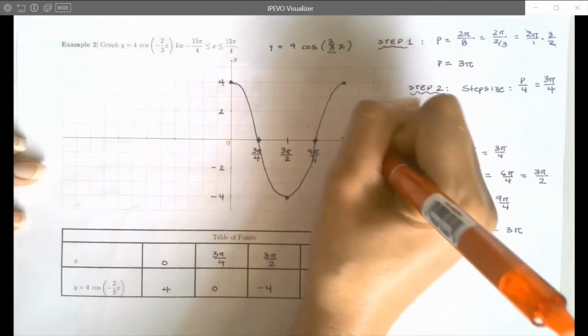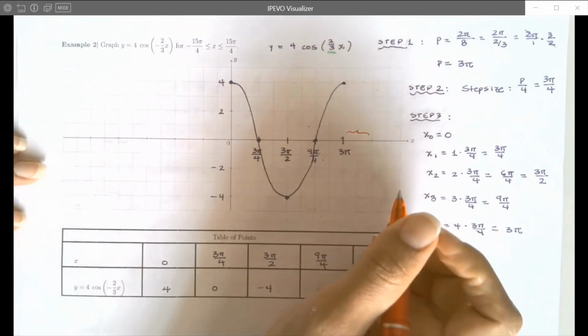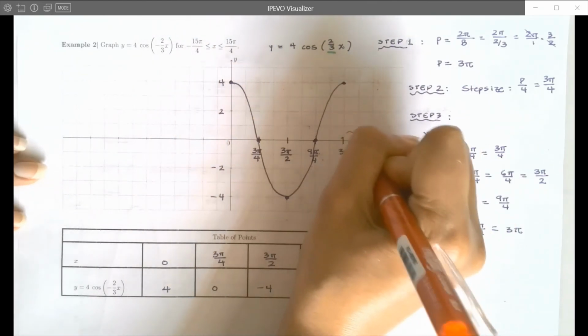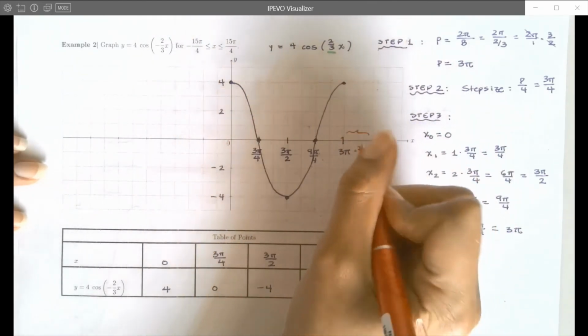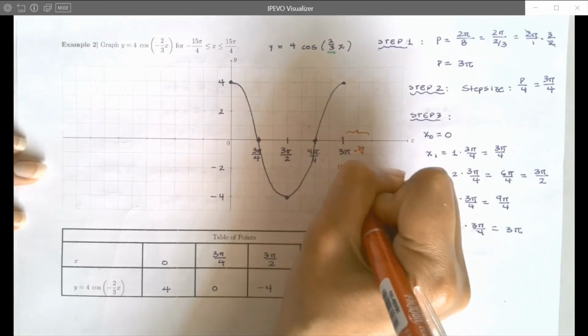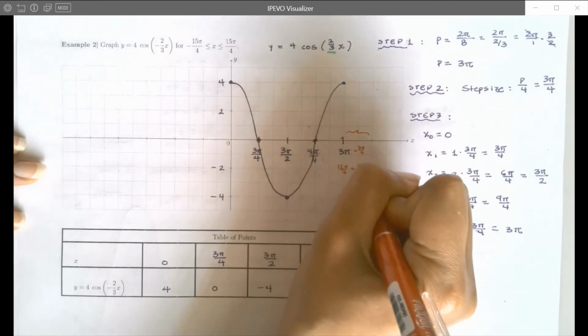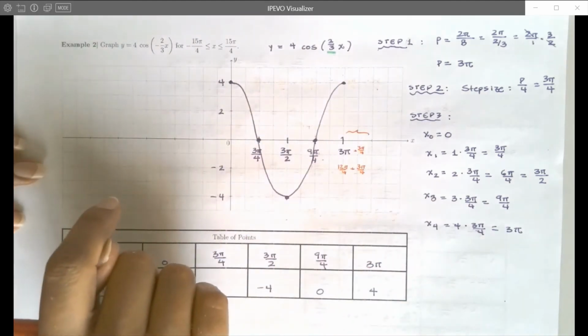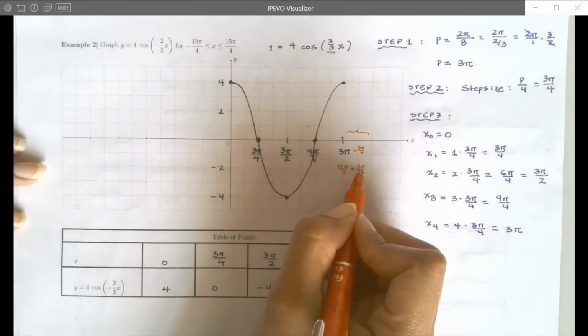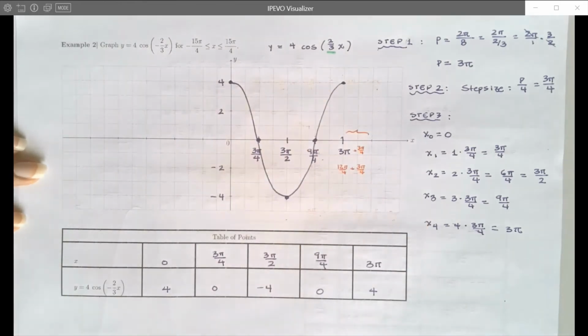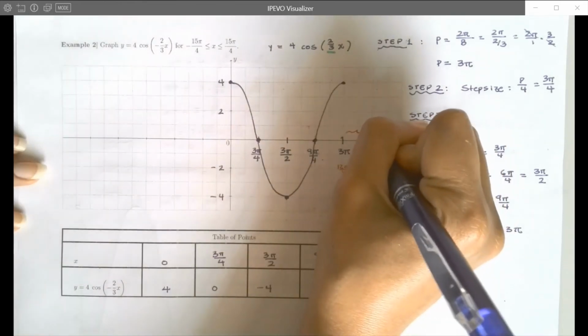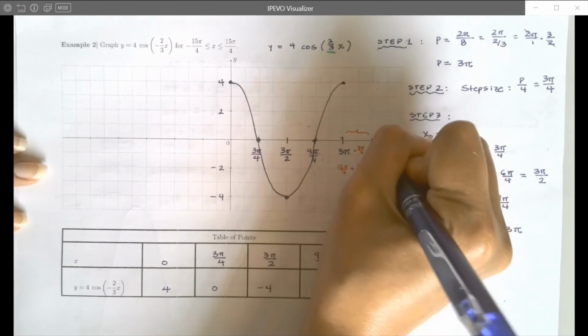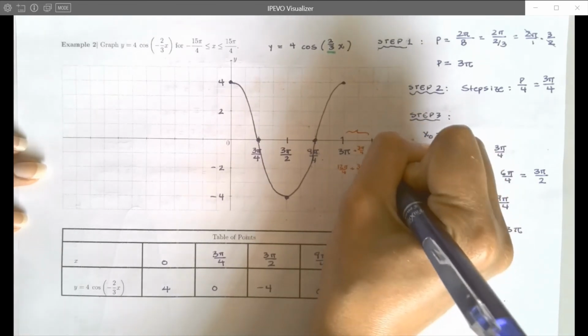So if I add a 3 pi over 4 here, this is essentially going to become a 12 pi over 4 plus a 3 pi over 4, right? Just rewriting it so I have the same denominator. And that's going to give me a 15 pi over 4. Okay, so that means we only have to extend it to one more tick mark to the right.